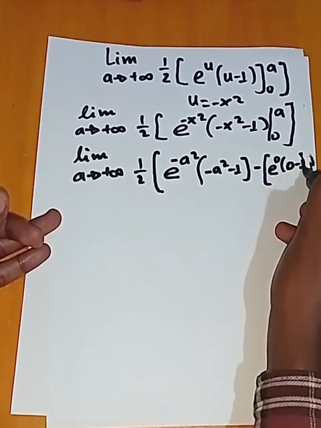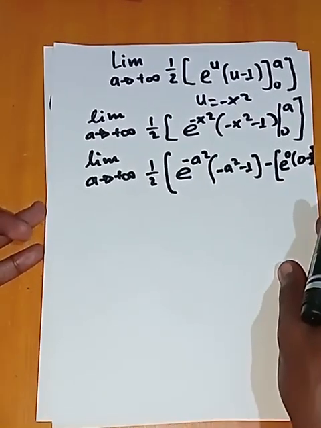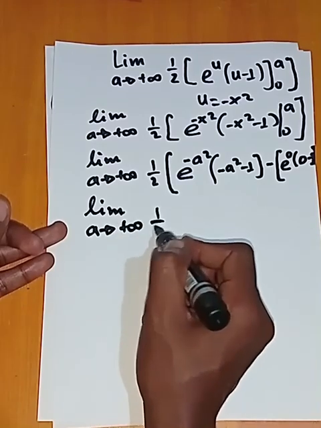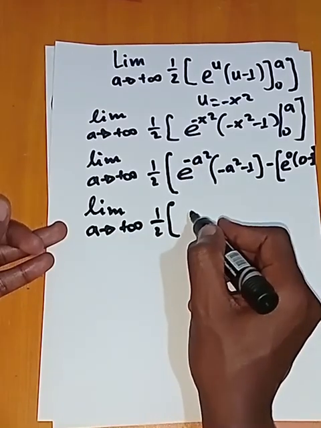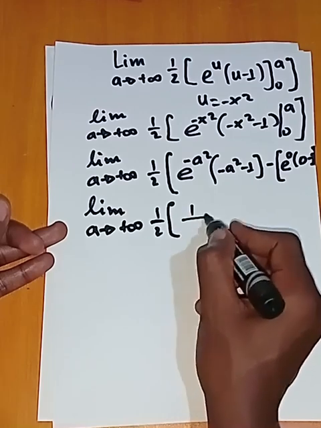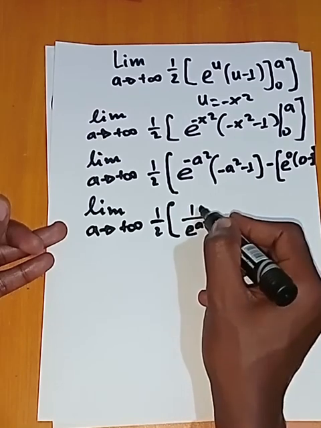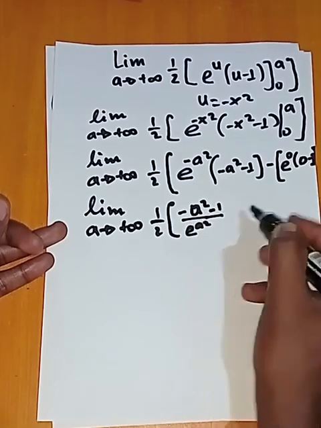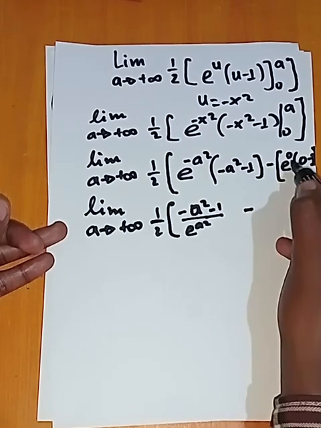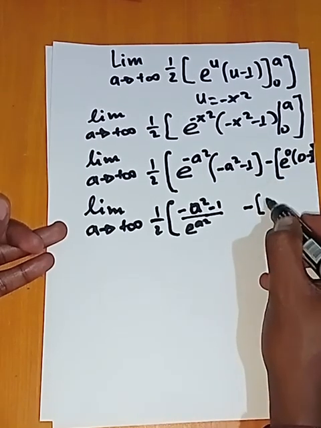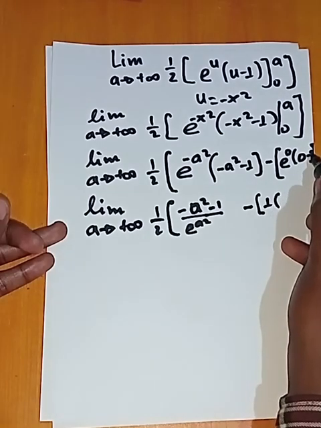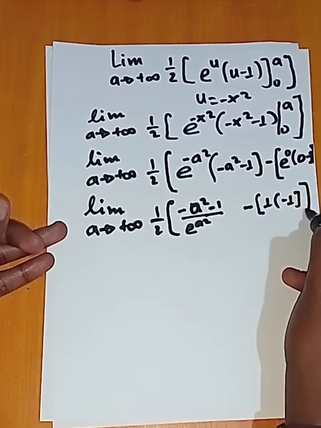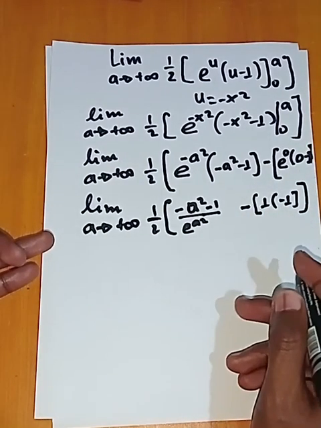That is 1 over e raised to a squared times negative a squared minus 1, minus the power of 0, which is 1, times 0 minus 1. So what is 0 minus 1? 0 minus 1 is negative 1.